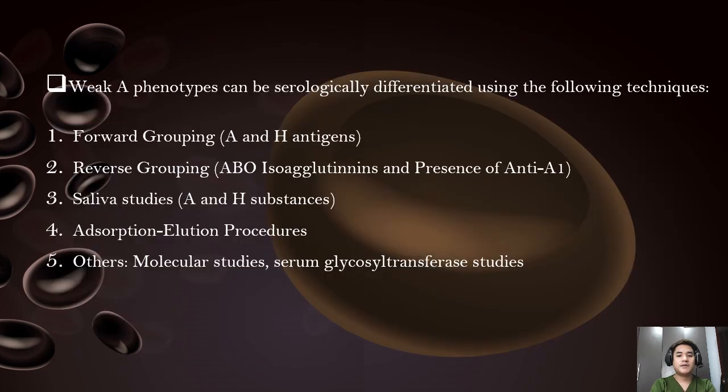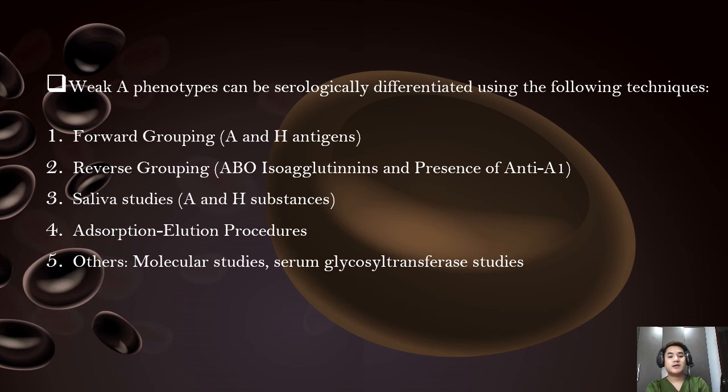So based from the previous slides, these listed techniques are utilized for the investigation and differentiation of your weak A phenotypes or subgroups. For the forward grouping, we detect for the presence of your H and A antigens present on the red cells of your weak A subgroups. Reverse grouping for ABO antibody detection and for the presence of anti-A1.